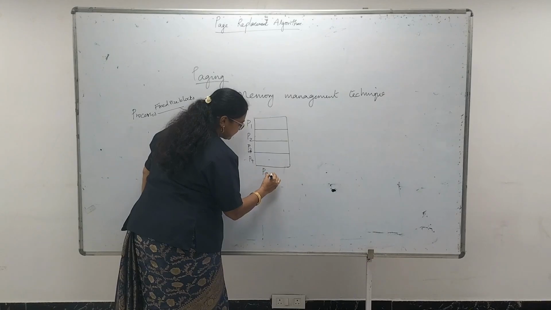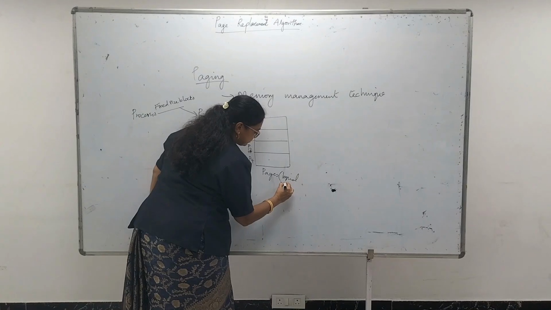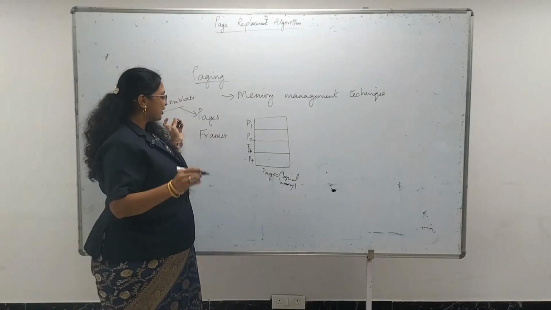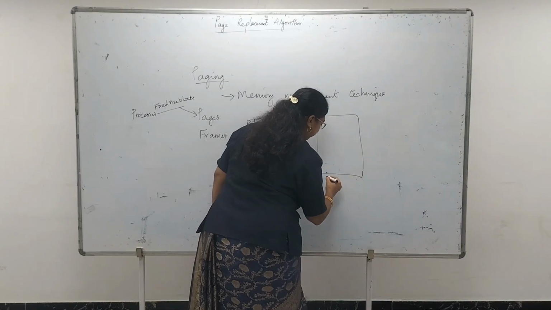These are the pages which are in your logical memory. You need to allocate these pages into frames that are present in your physical memory.